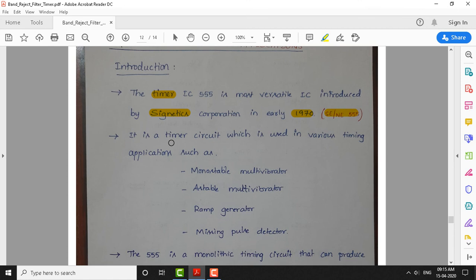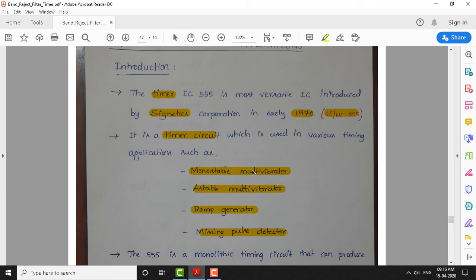The 555 timer is basically a timer circuit that can be used to create a delay from a few microseconds to hours. It is used in a variety of applications, namely the monostable multivibrator, astable multivibrator, ramp generator, and missing pulse detector. In all these applications, we can use the 555 timer. A monostable multivibrator is basically a multivibrator which has just one stable state and one quasi-stable state.